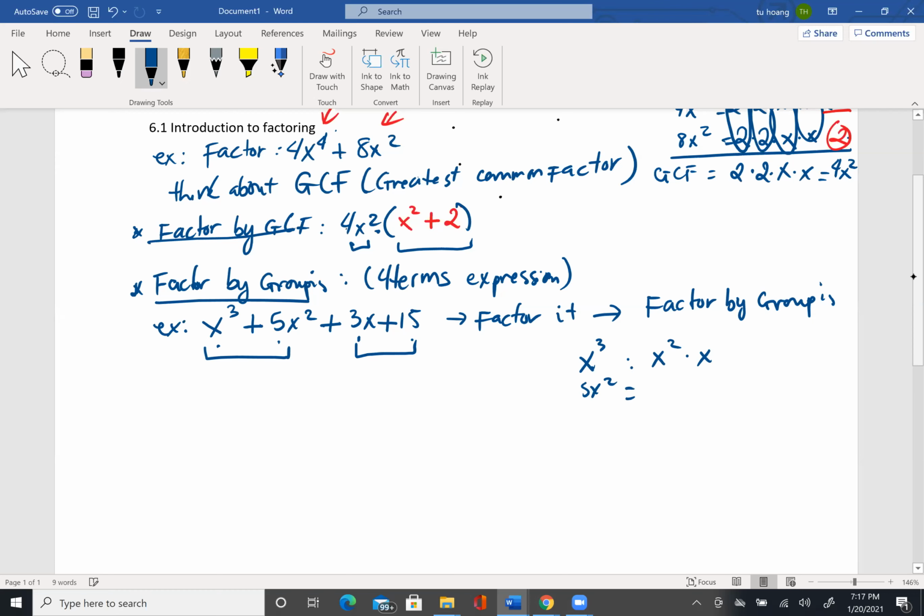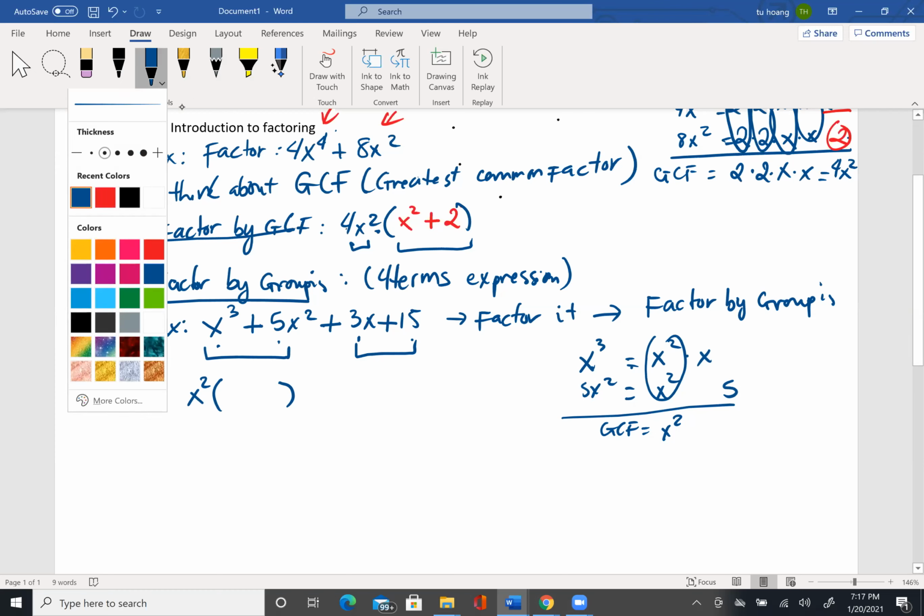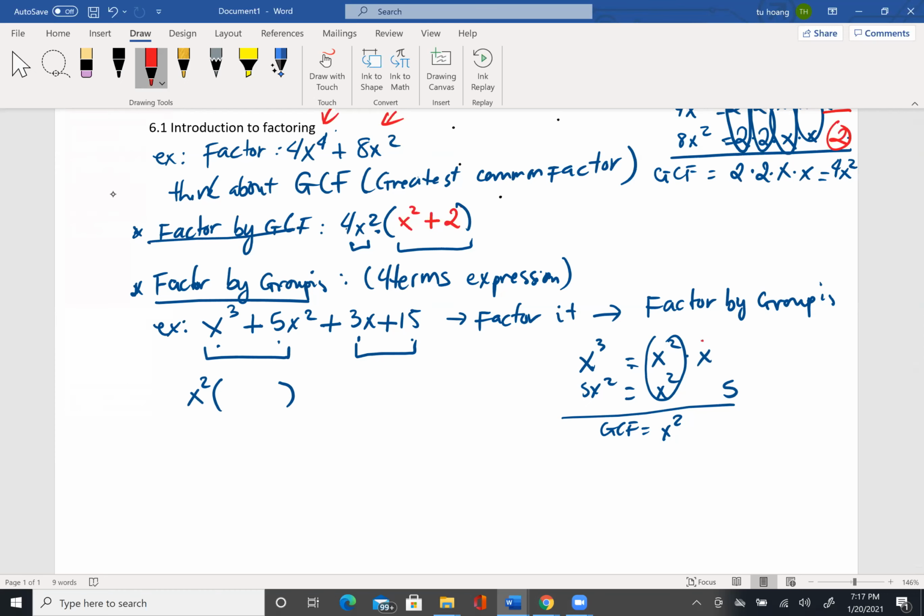And then for the 5x squared, you're going to have x squared times 5, right? So the greatest common factor will be x squared. So you're going to have x squared multiplied by, the first term will give you x, the second one is going to give you positive 5, right? So you're done with the first 2 terms.